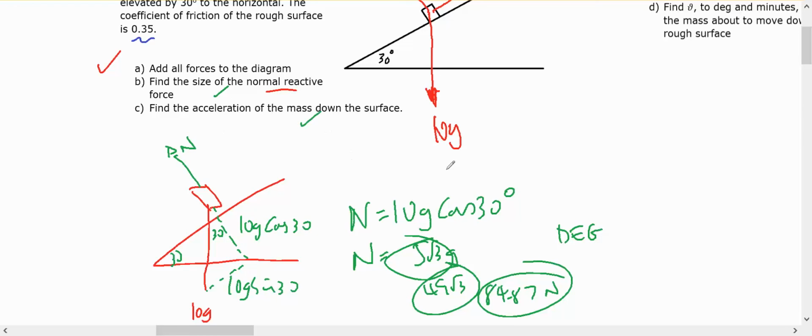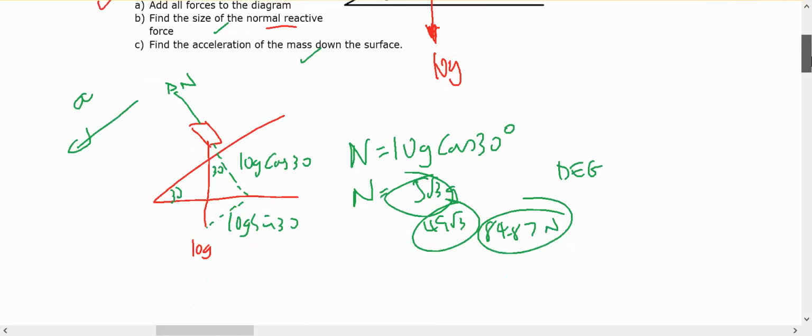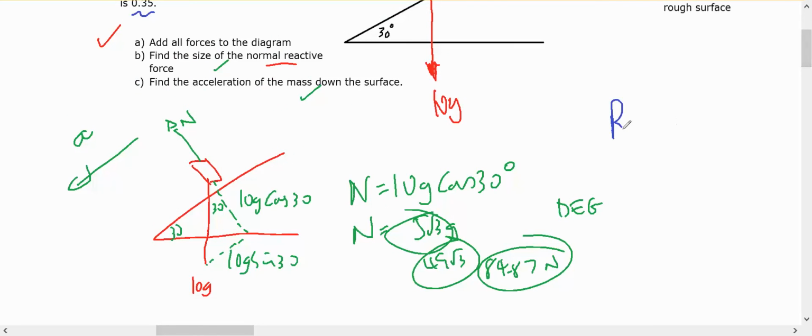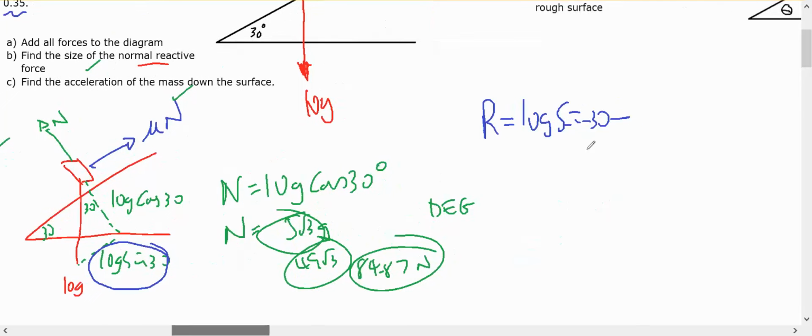Find the acceleration of the mass down the surface. Okay, so if it's accelerating down the surface in that direction, then the resultant force in the direction of motion will be any vectors in the direction of motion, which is 10G sine of 30, minus anything in the opposite direction of motion, which will be mu times N. So it's going to be 0.35 times 10G cos of 30, which is what this was.